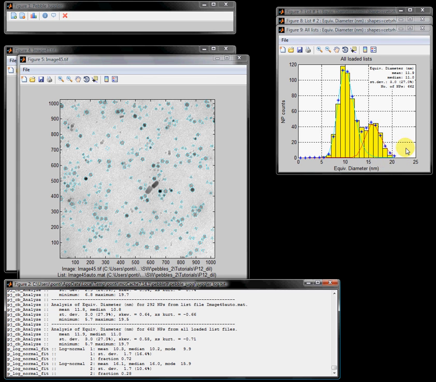This hypothesis is probably true because we know that we have both manganese oxide and manganese sulfide nanoparticles, and from independent information we know that this log normal is probably due to the manganese oxide and the larger one to the manganese sulfide.